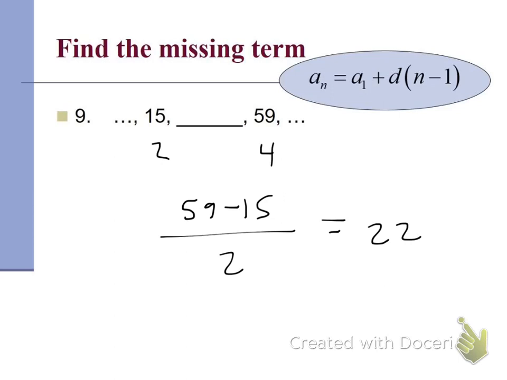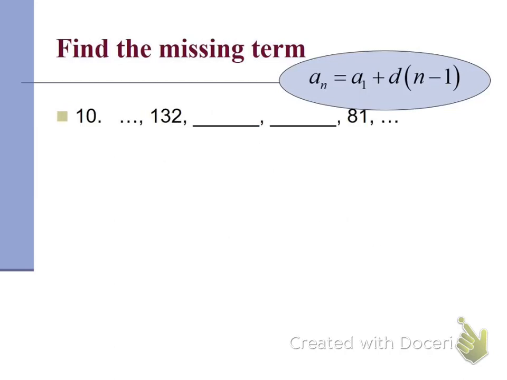Now that's not what this number is. That's how much you increase each time. What's 15 plus 22? That would be 37. What's 37 plus 22? 59. So with arithmetic, I can find the slope, which is the difference. It's how much it's increasing or decreasing by. It's like slope.